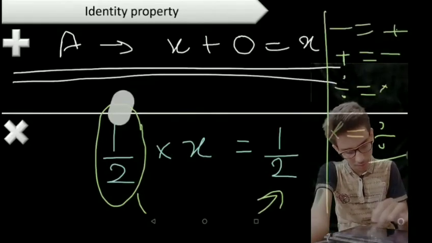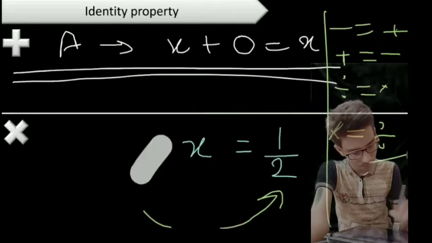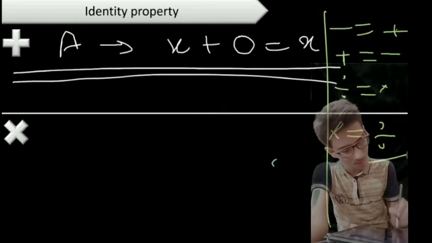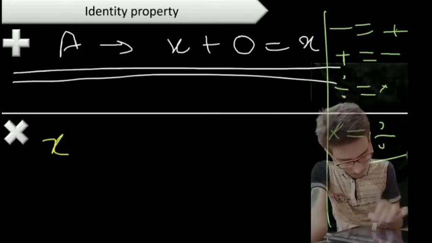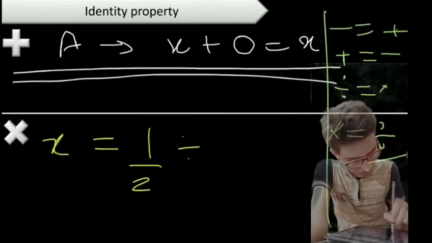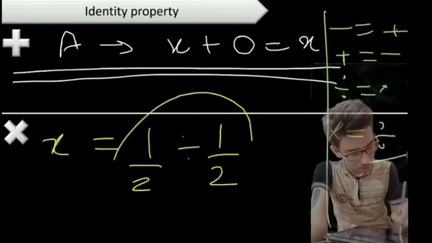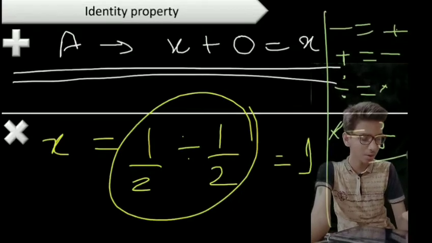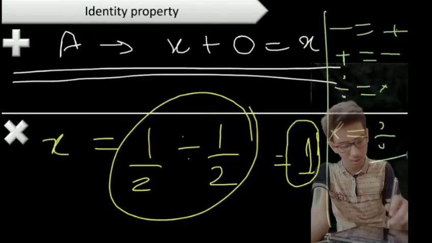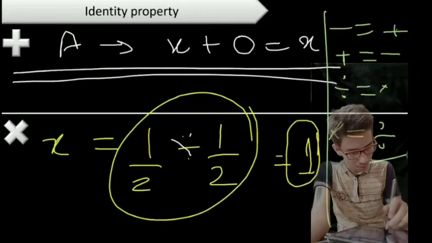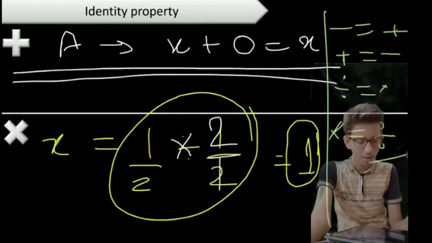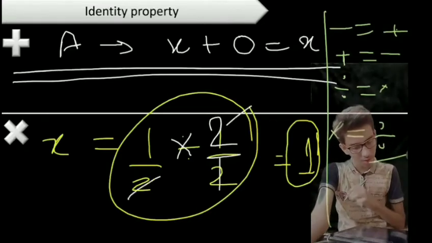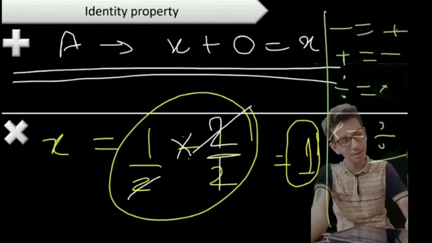Let's remove this one. So you have x is equal to 1 by 2 divided by 1 by 2. If we divide two similar numbers, we used to get what? We used to get 1. And if you want to see it, just reciprocate it. In white color I have written the reciprocal of 1 by 2. You just cut it off, you will get 1, right?